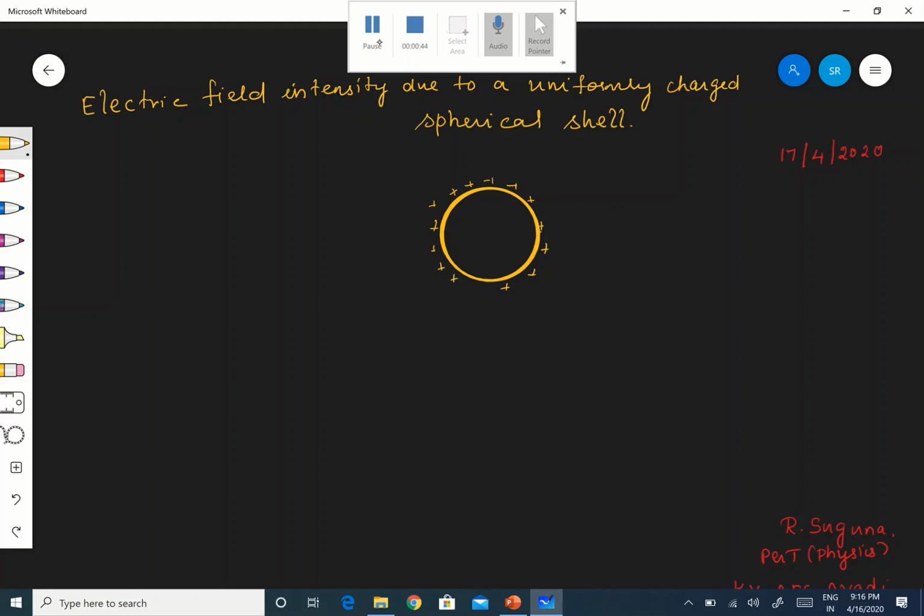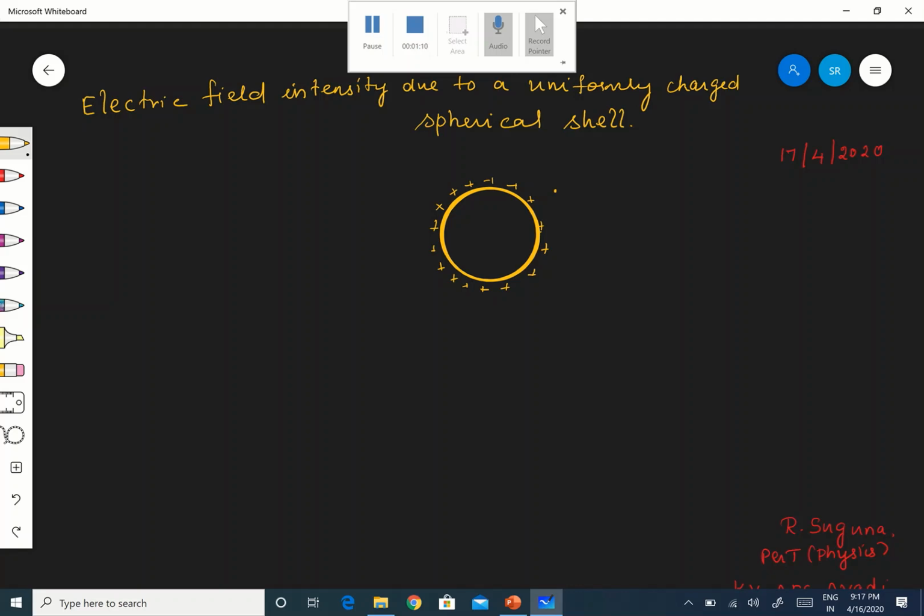Now I am interested in finding out the electric field at points outside the spherical shell, on the spherical shell, and inside the spherical shell.